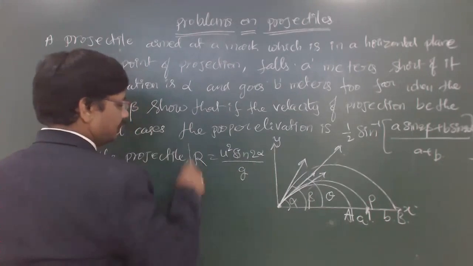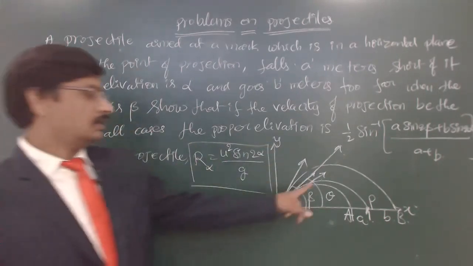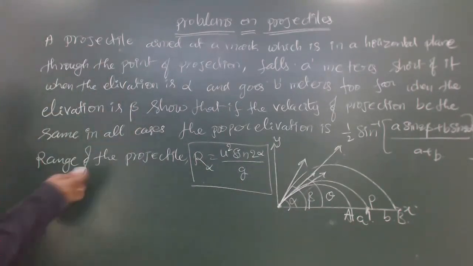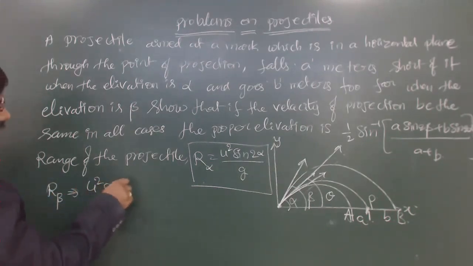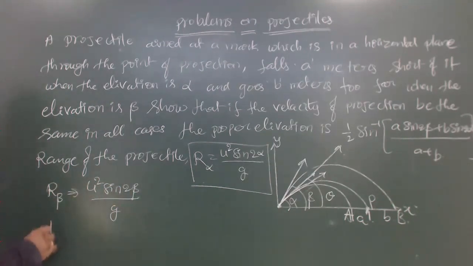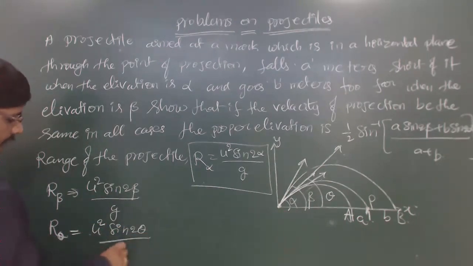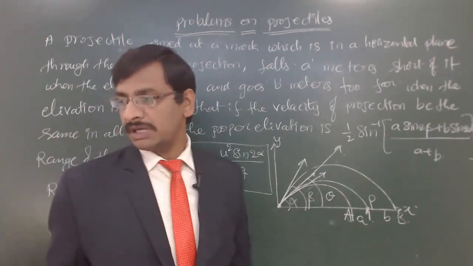This is the range of the projectile when alpha is the projected angle. Similarly, the range in case 2, R beta, is equal to u square sine 2 beta by g. Let us say the proper angle is theta; then the range should be u square sine 2 theta by g. So these are the three different ranges with three different projection angles.